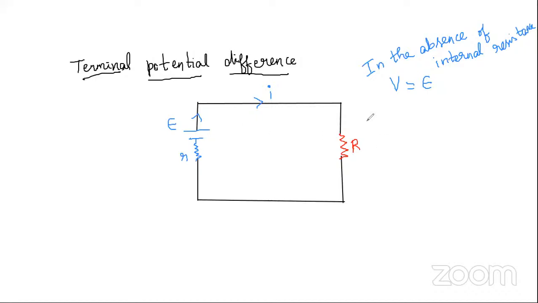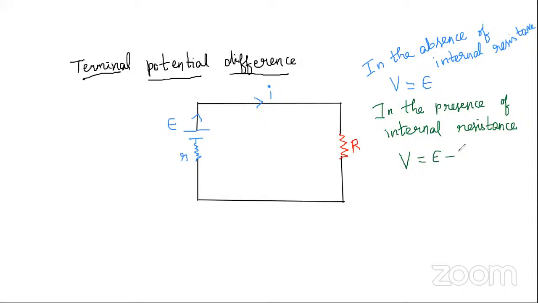So in the presence of internal resistance, V is equal to epsilon minus I into small r.